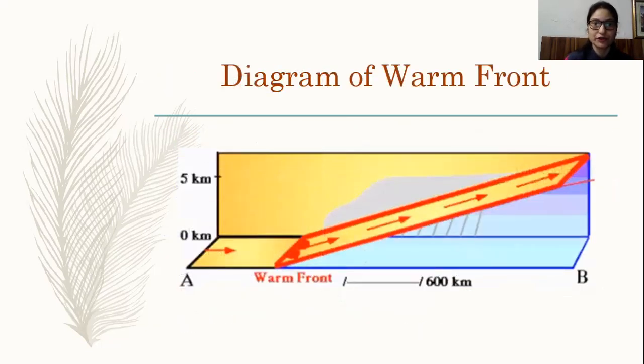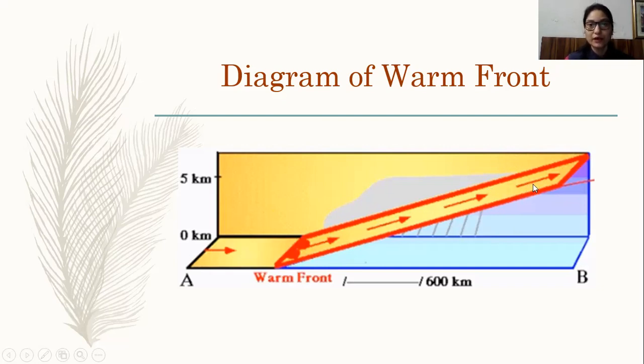Let me show you over here. When the warm air starts rising, there is this creation of the warm front. You can see it is rising in this manner, and this front is also having a steep slope. Okay, now this constant rise leads to the adiabatic cooling of the air.